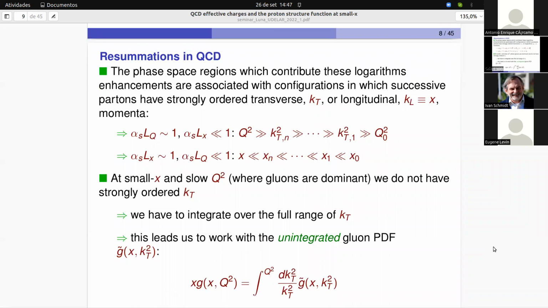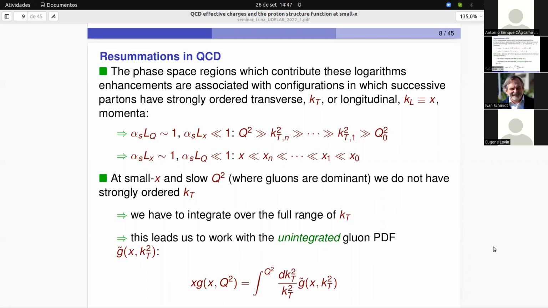So if you are working in a kinematic region where the coupling times this kind of logarithm is around 1, in this same region the coupling times this other kind of logarithm is much smaller than 1.